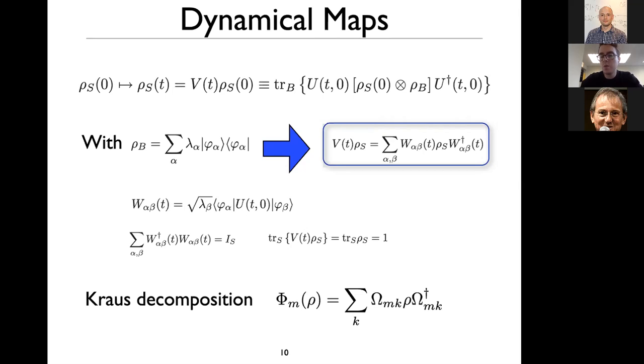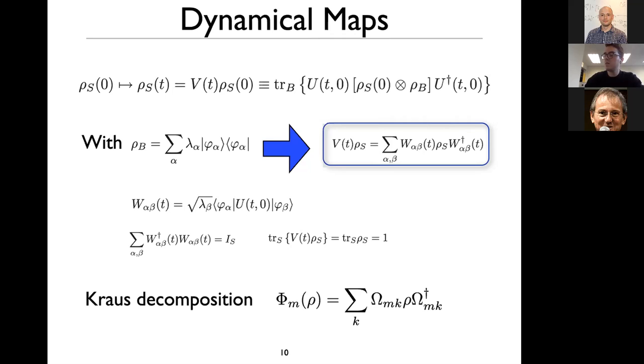A quantum channel, in a similar way, is basically a linear map from the space of physical states of your system onto itself. When you apply a quantum channel to a density matrix, it maps this density matrix to another density matrix.